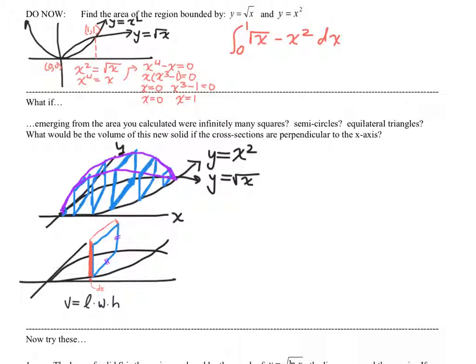If I had a coordinate, let's say (1, 1) and (1, 3), and I wanted to find the vertical distance between those two points, what would I do? 3 minus 1, right? Subtract the y values. 3 minus 1 is 2, right? That's what I would do here also. I would subtract from the dominant function, which would be the root function, the non-dominant function, right? So I'm looking for the difference between the y values.